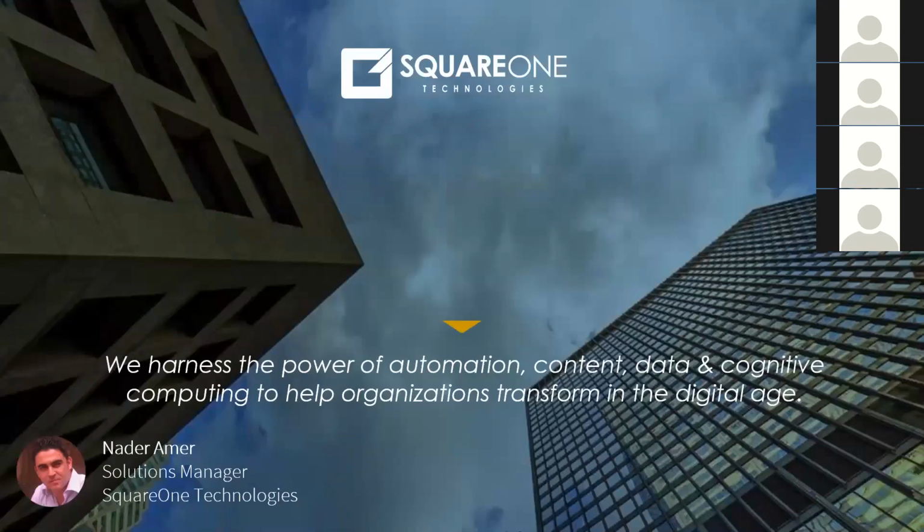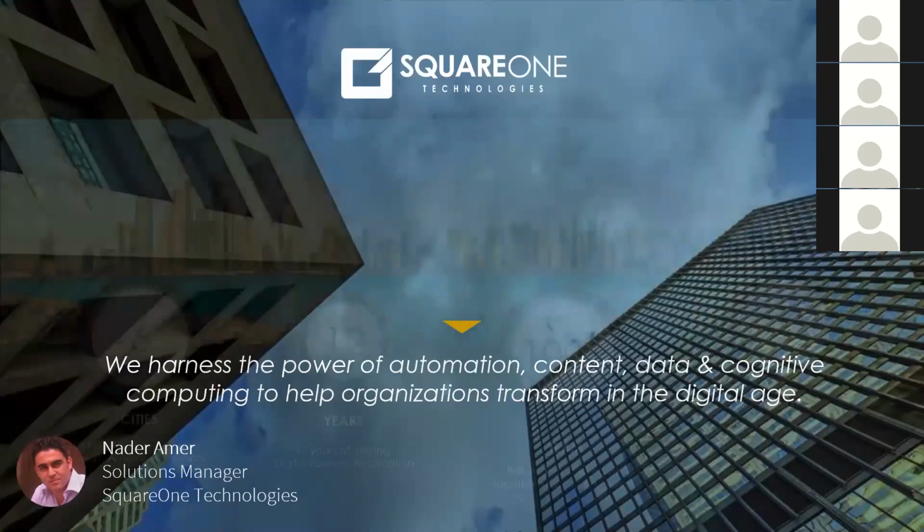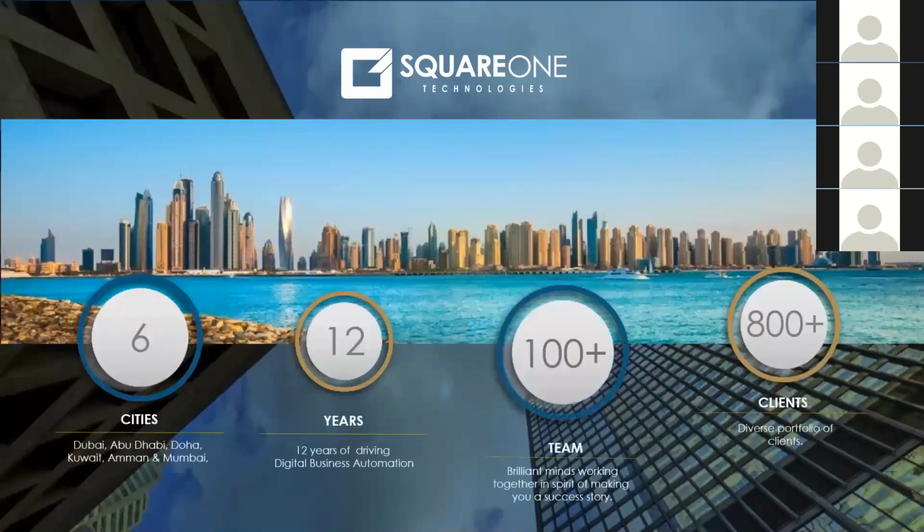Just briefly, as Square One, we are currently present in 6 cities, and we have more than 12 years of experience around automation and business transformation initiatives. We have more than 100 qualified resources in all these areas of expertise, and more than 800 clients in the region.